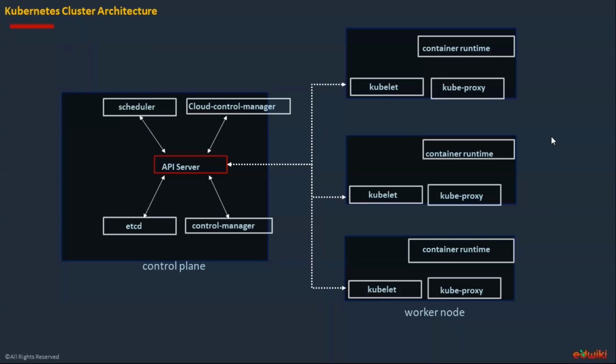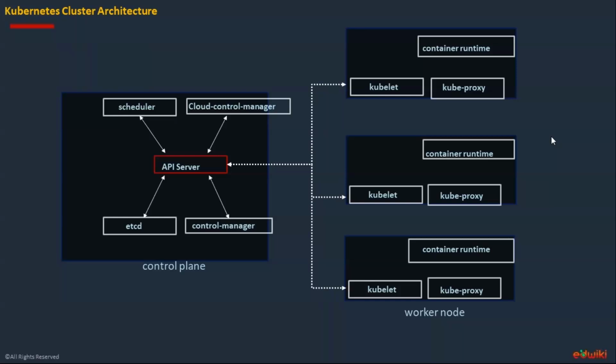Once the scheduler service decides which worker node your application has to be deployed to, it will inform that to the API server service, saying, hey, I did some research, I investigated the worker nodes, and I think so and so worker node is the right choice to run this application.